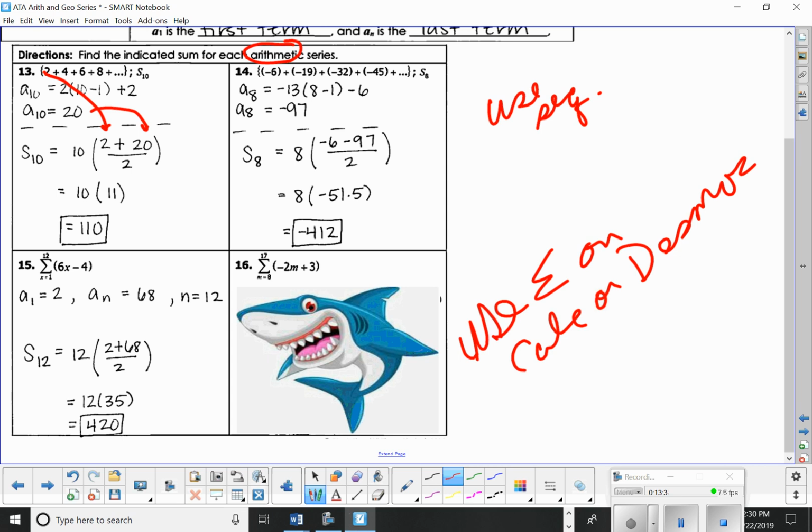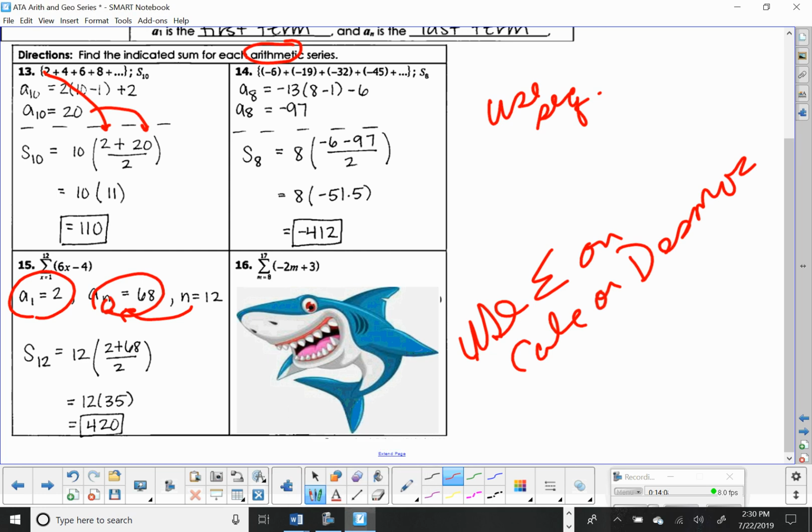On the other hand, if you're ever caught where you don't have access to a calculator, remember, you don't have to sit there and find the first term, second term, third term, fourth term, fifth term, all the way through. You only need the first term and the 12th term. Okay, in this case, the 12th term. And n is 12, then you can find the series.